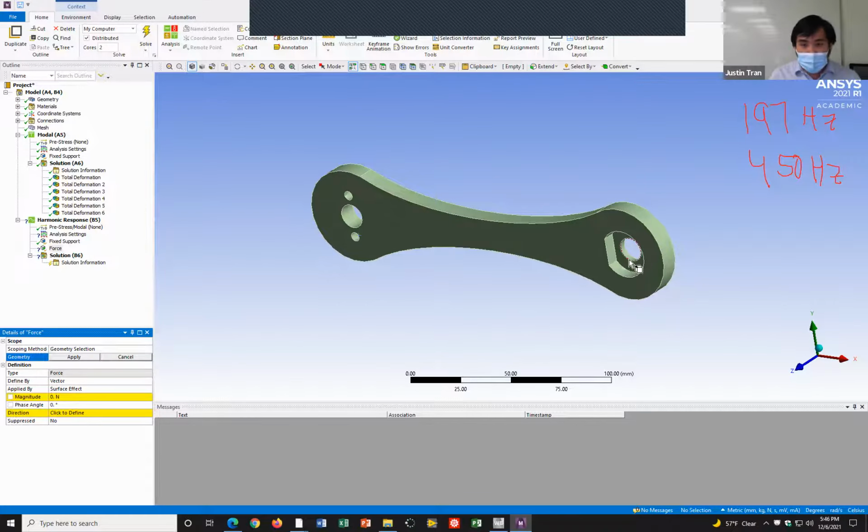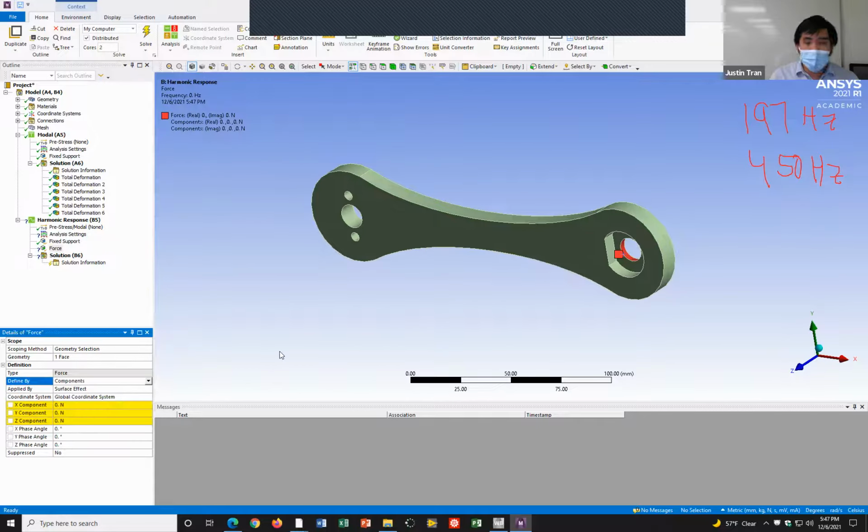Just like we did in activity 2, I'm going to apply the force here at the very end. I'm going to select this inner loop right here. And then just like we did in activity 2, we're going to set the components for this. The first thing I want to do is simulate vibration for the first harmonic mode right here.